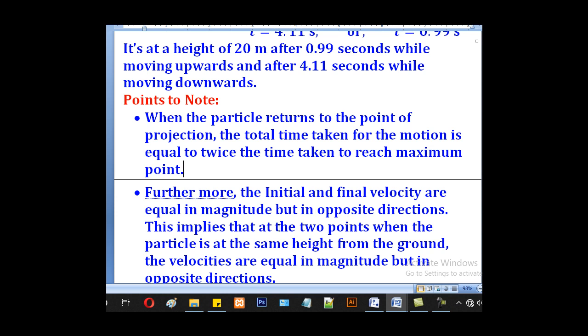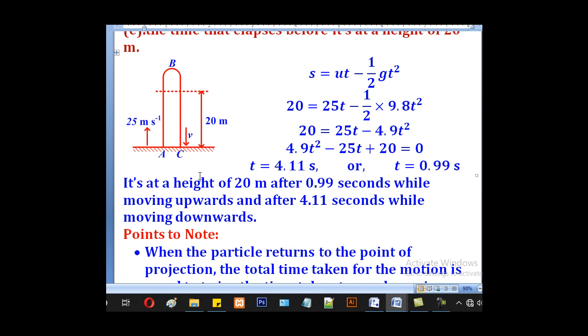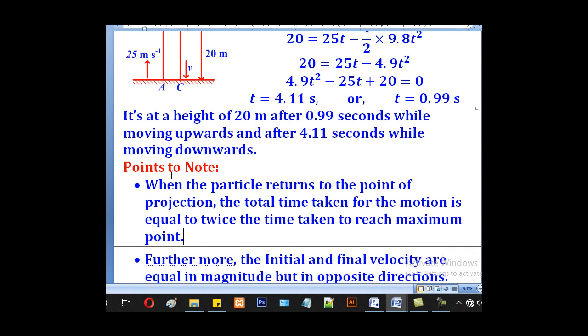This implies that at the two points, when the particle is at the same height from the ground, the velocities are equal in magnitude but opposite in direction. That is why the velocity at this point was the same as the velocity at this point. Why? They have the same displacement from the initial point of projection.